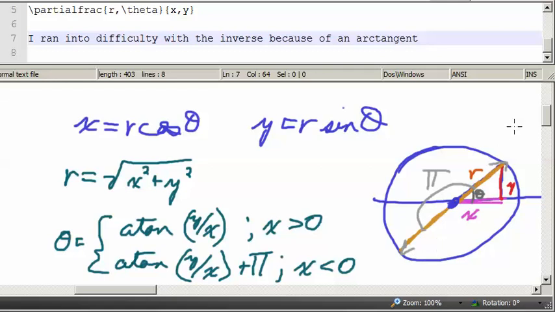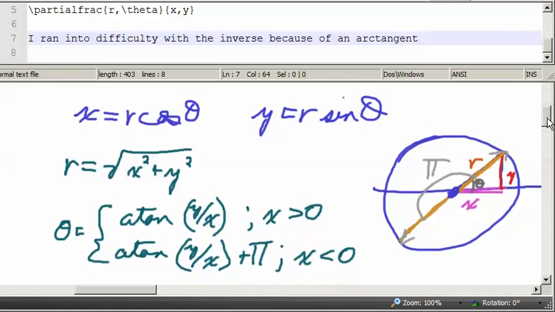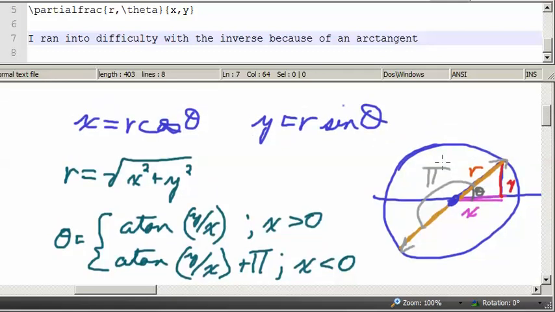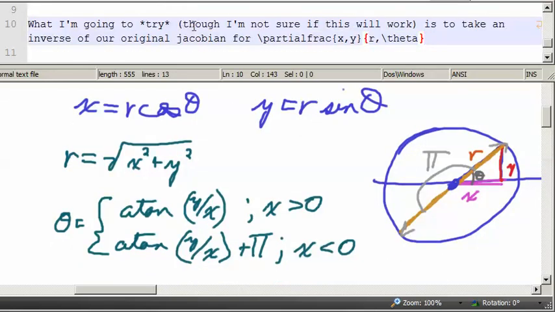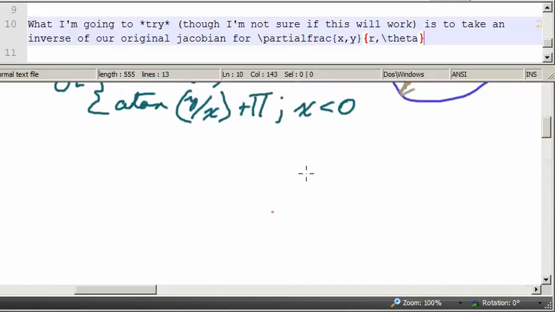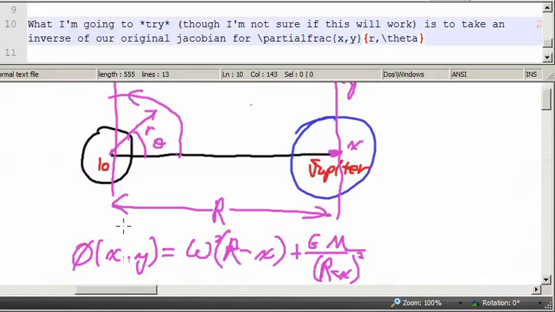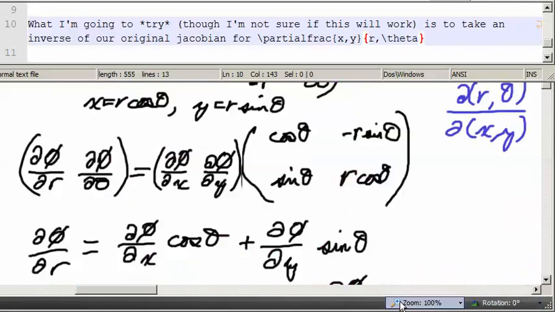So what I'm going to do is guess that I can essentially take an inverse. What I'm going to try, though I'm not sure if this will work, is to take an inverse of our original Jacobian for partial x, y over r, theta, which was this thing right here.